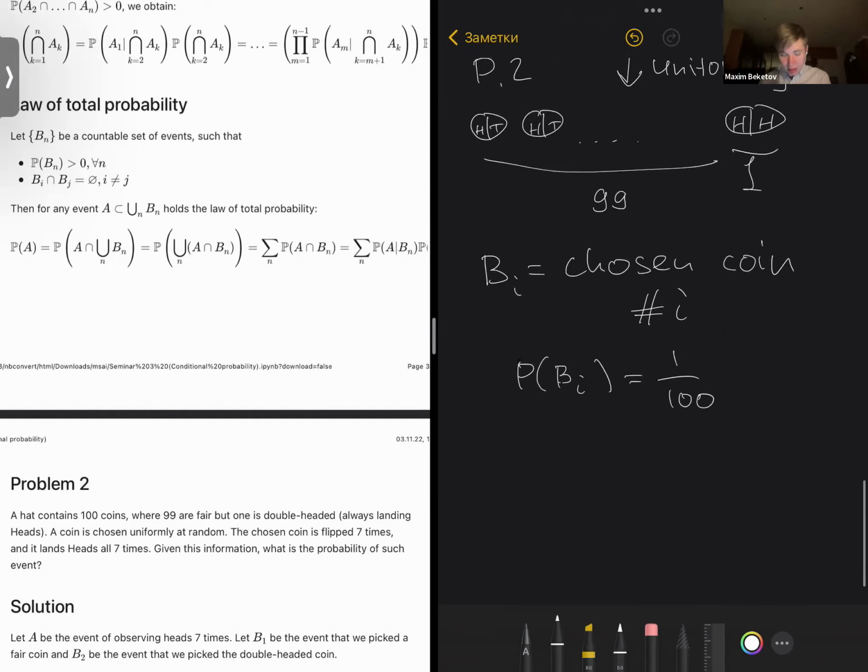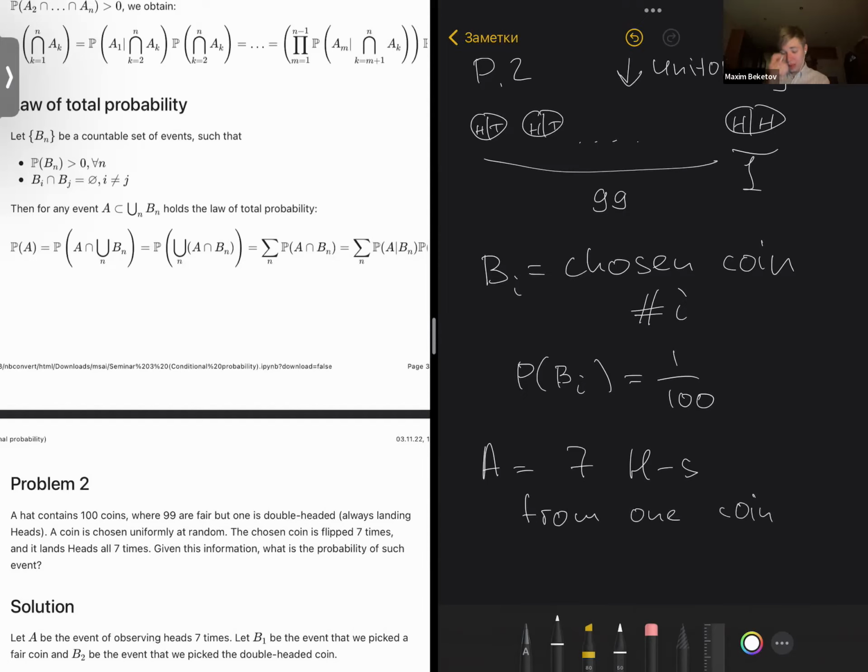And this is where the law of total probability helps us, right? So A is the event that we had 7 heads from 1 coin.